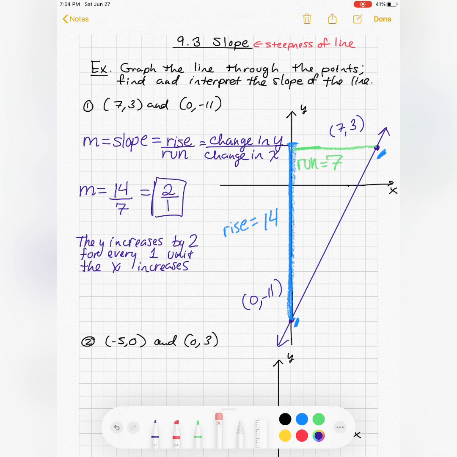So if you look at the graph, let's see if that's true. If we start down here, for every 1 unit X increases, the Y increases by 2. Look at that. So you can see that slope is 2 over 1. Looks like we did that correctly.